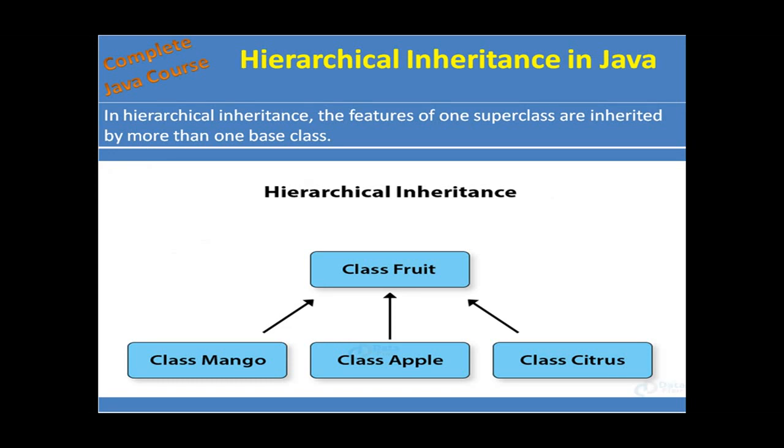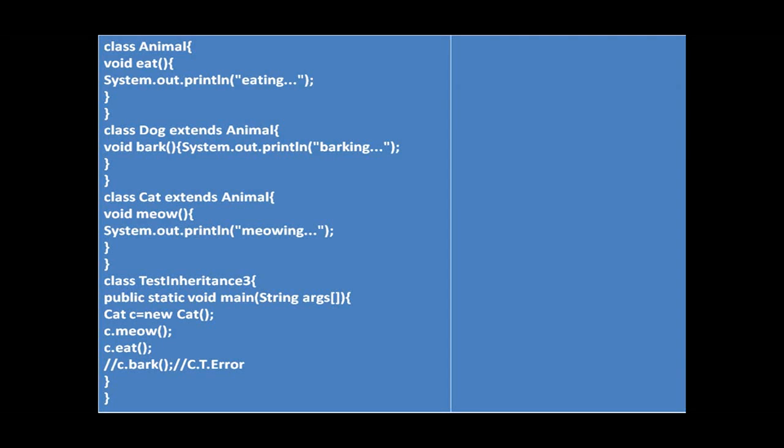Now, the grandson inheriting the properties from his father and also inheriting the property from his grandfather. So this kind of hierarchy is multi-level inheritance. Okay. Now, if we take an example, suppose we create an animal class with the method eat.